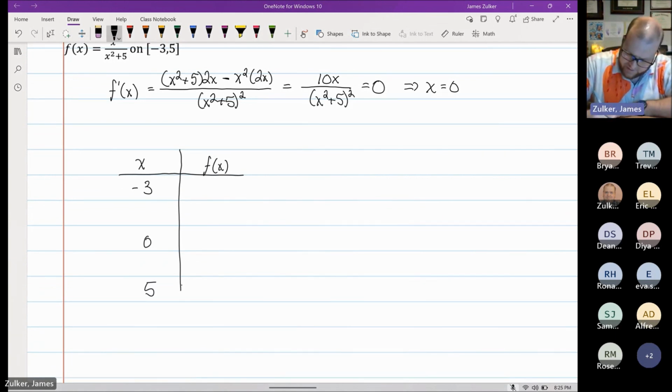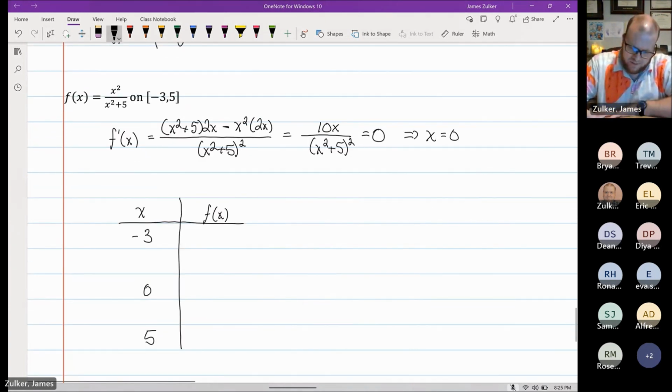All right, so now we just test it at the endpoints. It's terrible. The endpoints and the critical points.